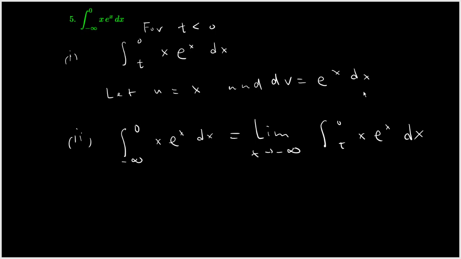In step 2, you take the limit as t approaches negative infinity. This limit is not super simple to evaluate. I will give you some hint. To evaluate the limit, you use L'Hopital's rule.